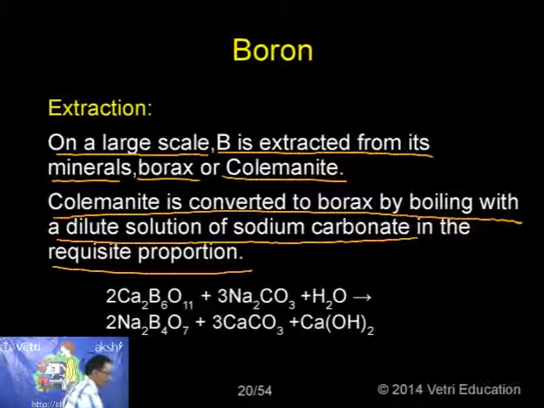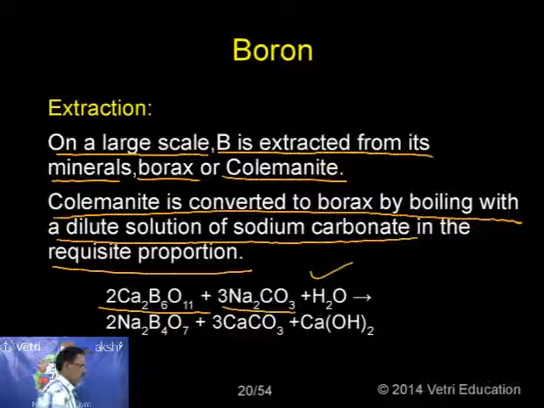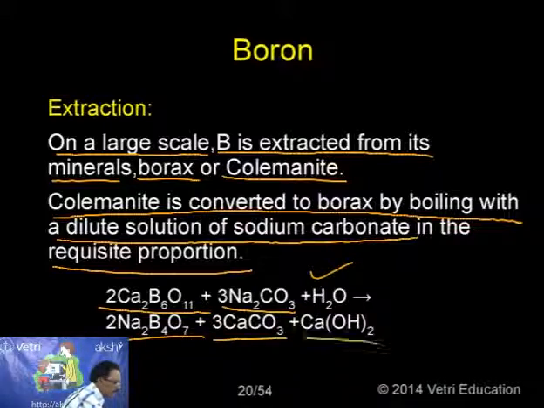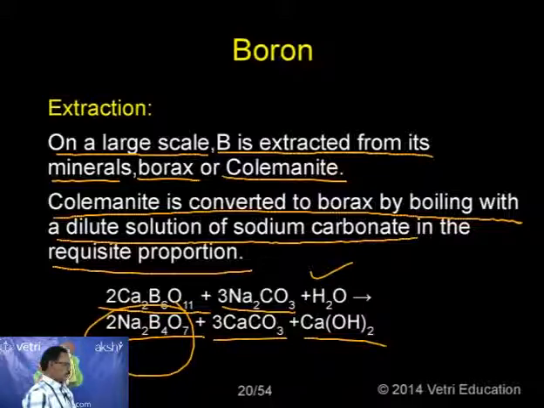See the equation here: 2 moles of Ca2B6O11 react with 3 moles of Na2CO3 in the presence of 1 mole of H2O to produce 3 moles of Na2B4O7, 3 moles of calcium carbonate and 1 mole of calcium hydroxide. So it is converted into the corresponding borax.